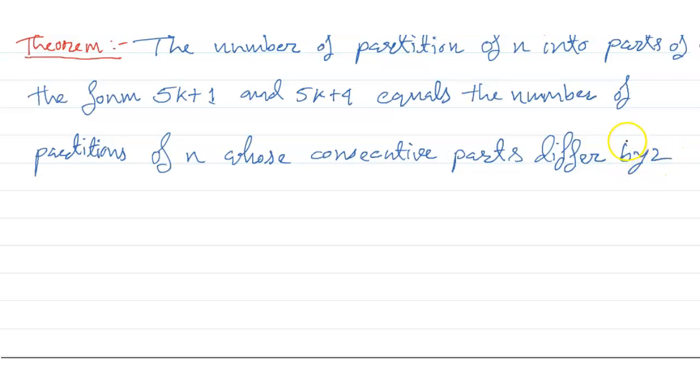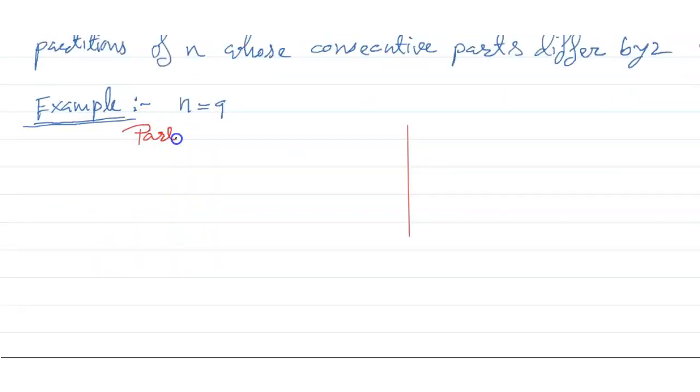So friends, let's start to discuss one example. Let n equal 9. Parts of the form 5k plus 1 or 5k plus 4.